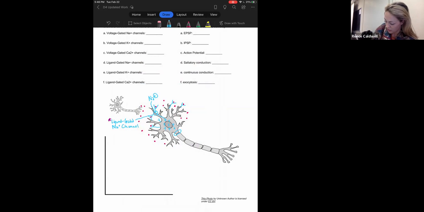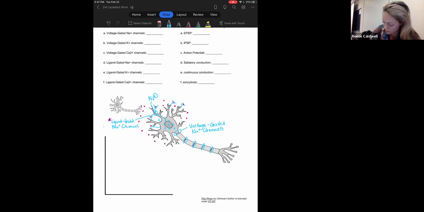These exist along the axon and at the axon hillock. Again, we're working with sodium, so we call these voltage-gated, which can be abbreviated VG, voltage-gated sodium channels.